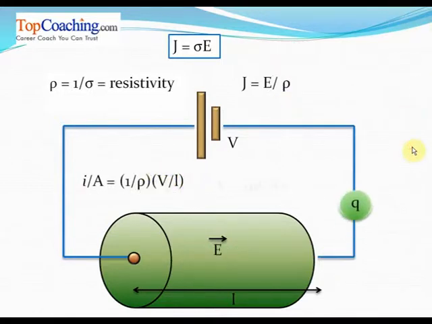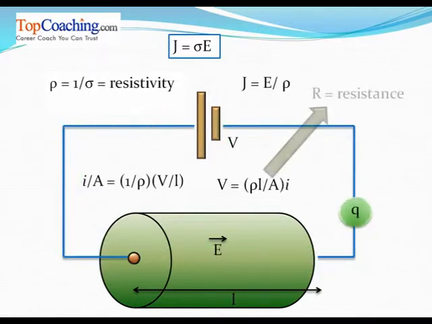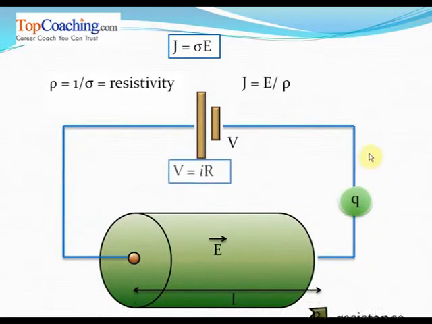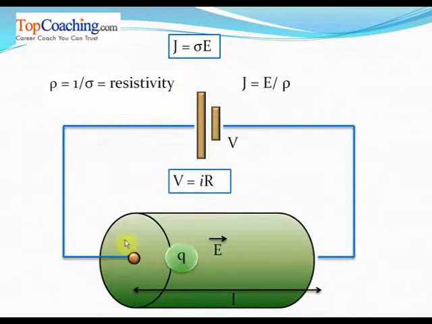On further simplification, we get V equal to rho L by A into I. The term rho L by A, where rho is the resistivity, L is the length of the conductor, across which we are applying the potential difference, and A is the area of cross section of the conductor. This term rho L by A is called resistance, and it is given a symbol capital R. So basically, rho L by A can be replaced by capital R, and therefore we can say that V equal to IR.